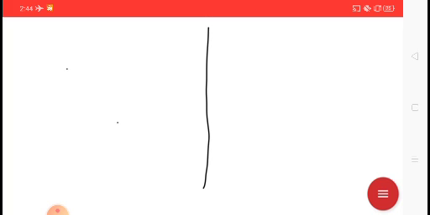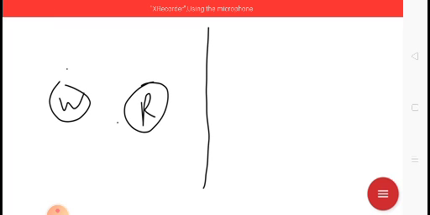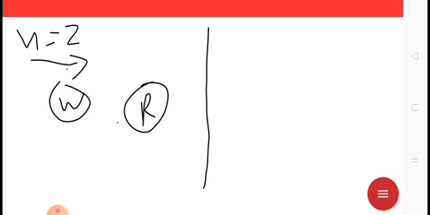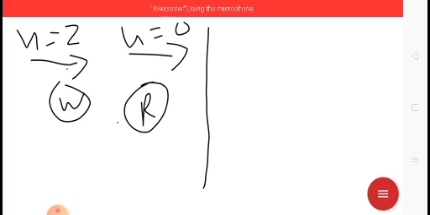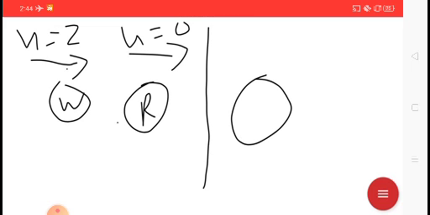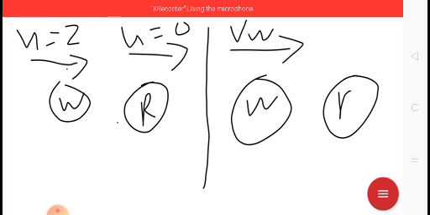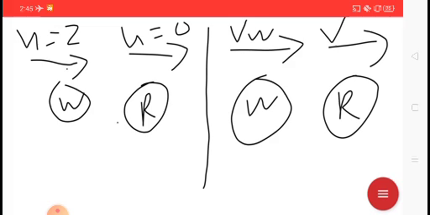So you have the white ball and the red ball, with UW equal to 2 and UR equal to 0. After collision, because the question never mentions direction, let's say VW for the white ball and VR for the red ball, before and after.